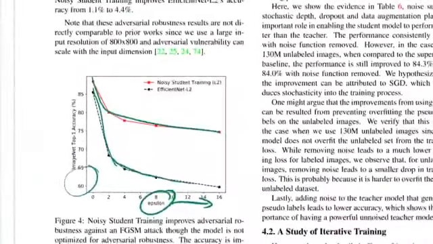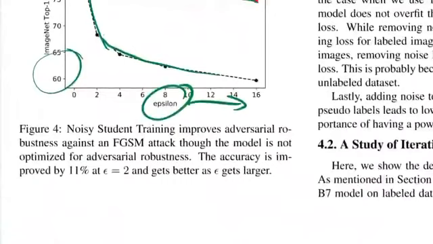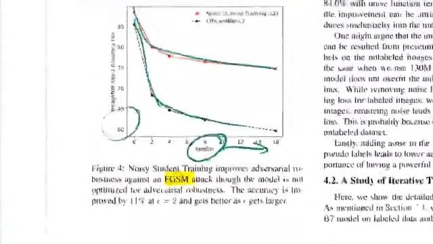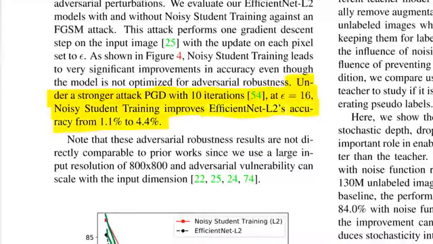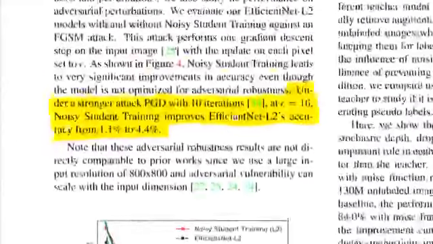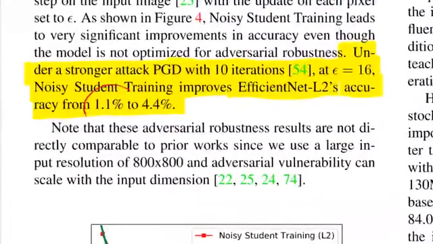And also to say that this here is an FGSM attack, so this is kind of the weakest attack in the adversarial perturbation spectrum. They do say under a stronger attack, PGD, which is a fairly strong attack with 10 iterations at epsilon equals 16, noisy student training improves EfficientNet-L2's accuracy from 1.1% to 4.4%. Now, 1.1% really means the model is almost dead.